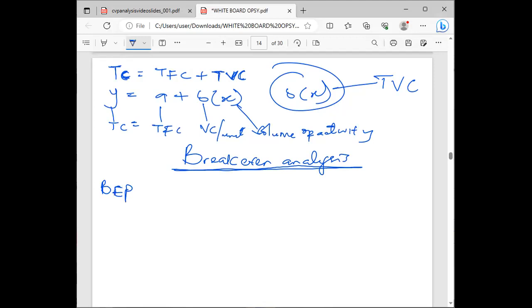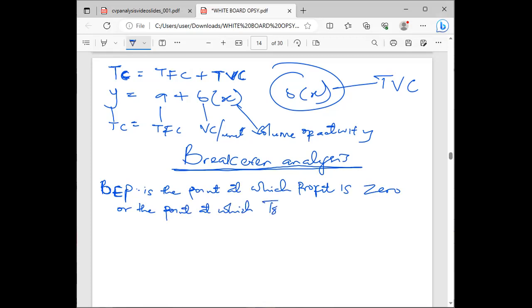The break-even point for any organization is the point at which profit is zero, or the point at which total contribution is equal to total fixed cost.